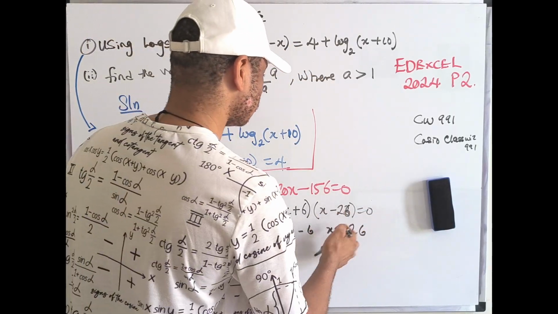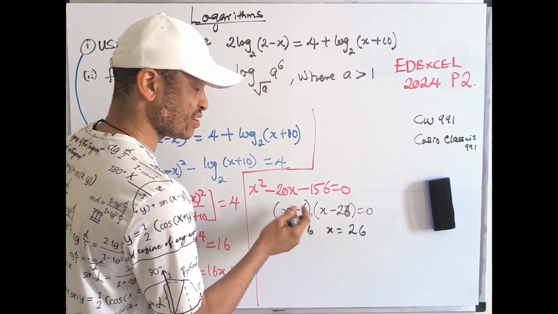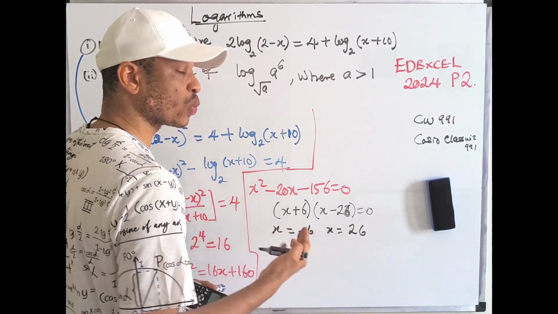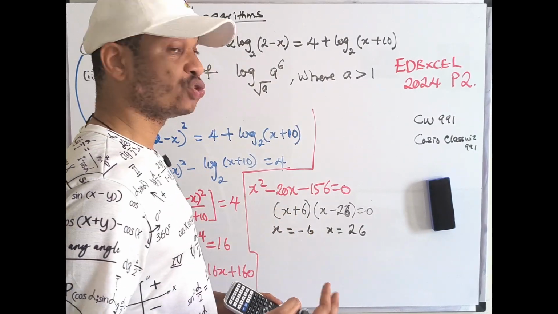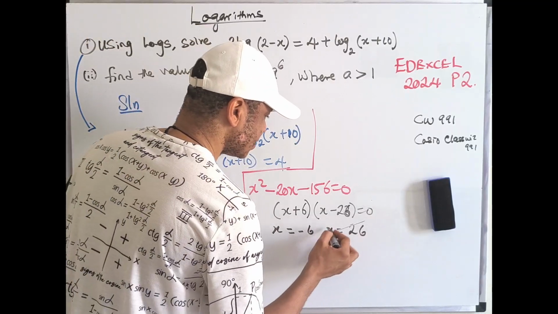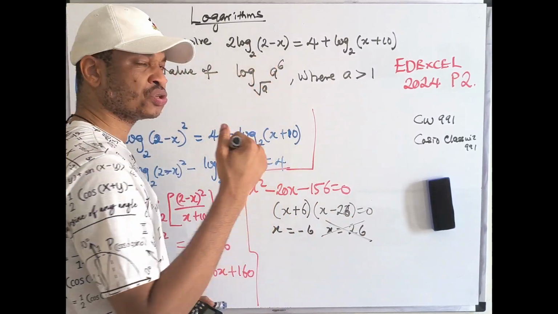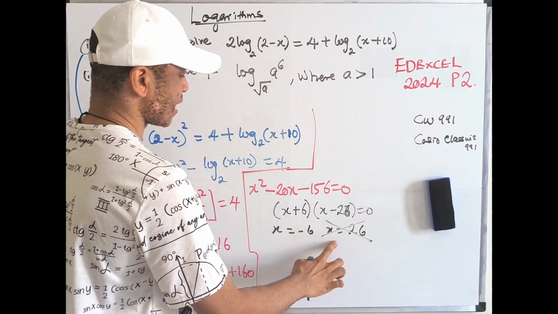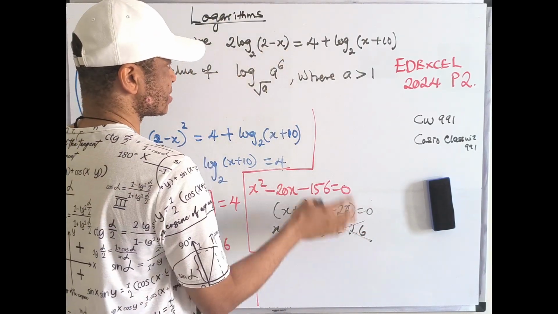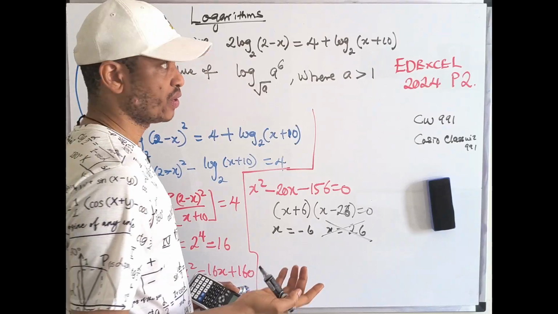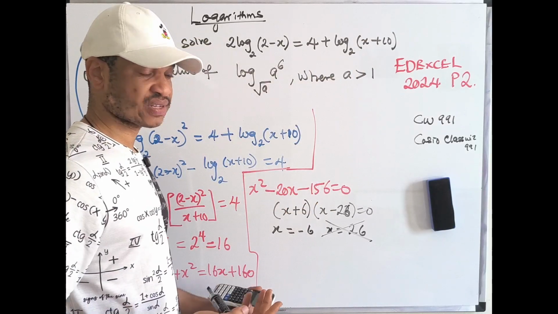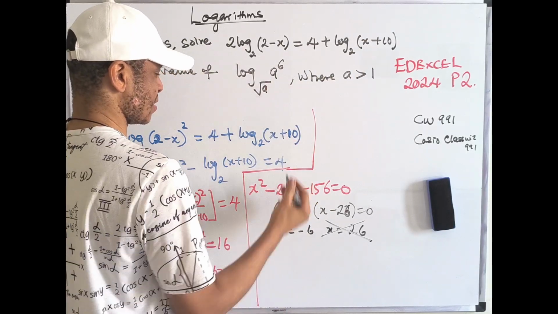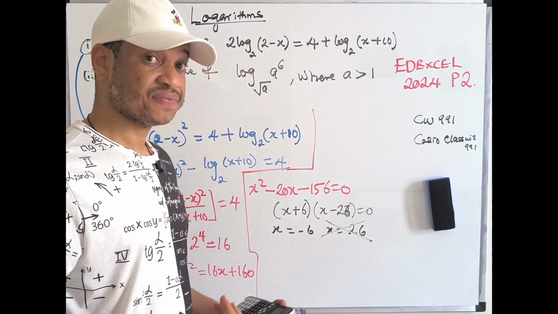Okay. All right. So my answers are this, but which one do we take? It cannot be this one, so don't just say, oh, I have gotten x, then I'm done. No. x cannot be 26 because 2 minus 26, I have log of a negative number. It will work here, but it has to satisfy both sides. So my answer is minus 6. So x is negative 6.